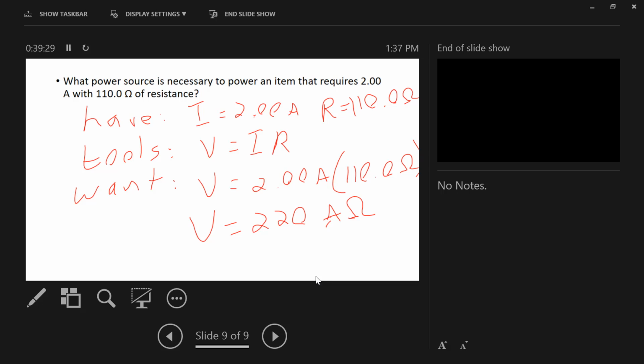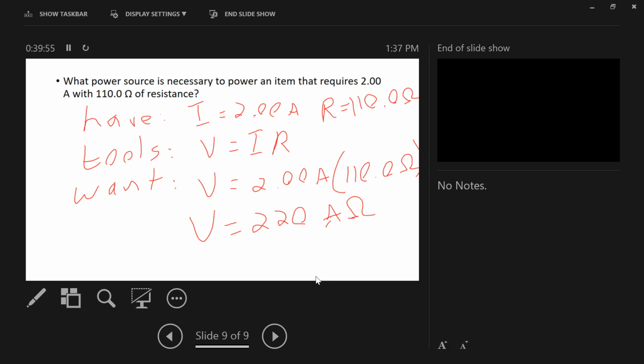That's good. It looks like we're moving towards using this tool here, that our voltage, that our electric potential is equal to current times resistance. And then what is the problem actually asking us for? What's the power source, right? What potential difference is necessary? What voltage do we need? Well, that's wonderful because our tool's already in the right form to do that, right?